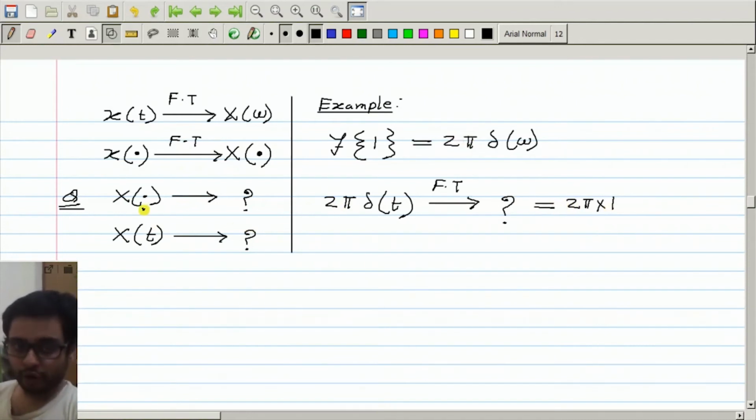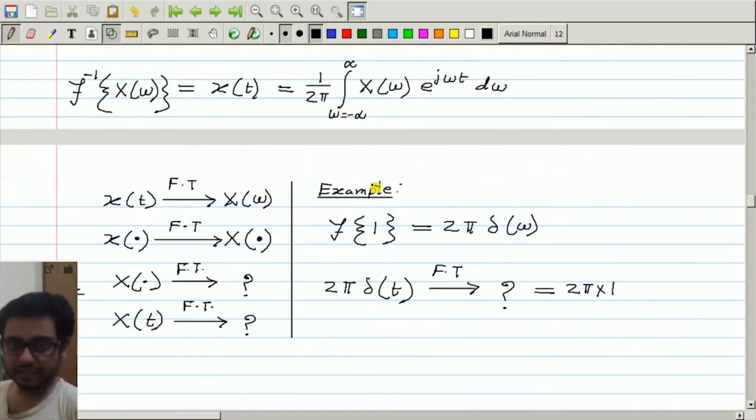So we will also see that if the Fourier transform of small x is capital X, then the Fourier transform of capital X will somehow be given by small x. That we shall see now.